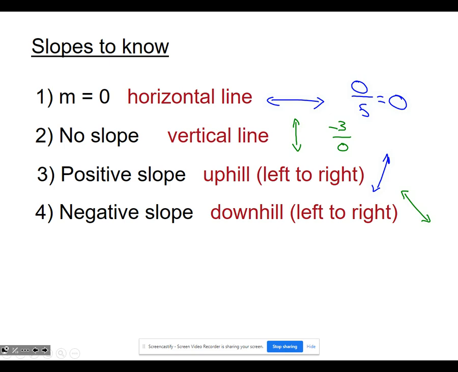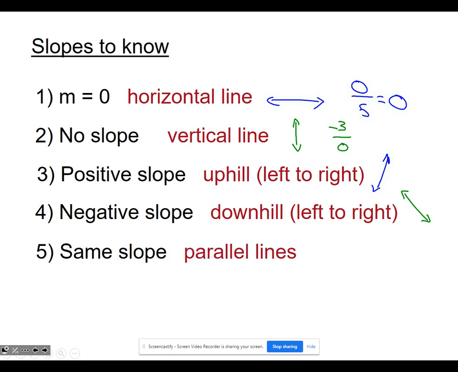If I give you a graph, you should know whether it's positive or negative, and you should have an idea of whether that slope is going to be greater than 1 or less than 1. If you remember, a slope of 1 comes up at a 45-degree angle. So if it's steeper than that, it's more than 1. If it's flatter, it'll be less than 1.